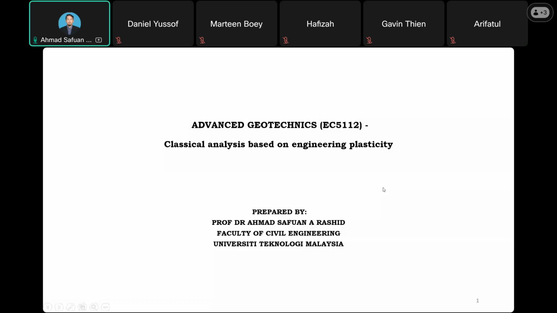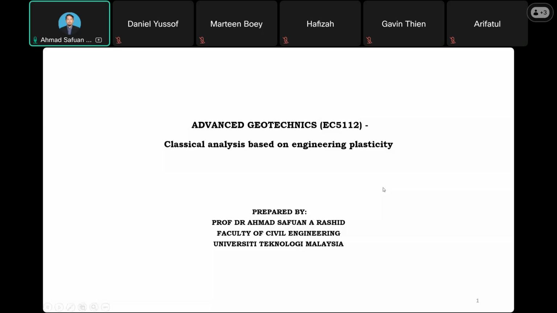We discuss the upper bound and lower bound theorems, and stress discontinuities. When we deal with a different orientation of failure plane, we will rely on the stress discontinuities approach. Then collapse load for drained and undrained conditions.